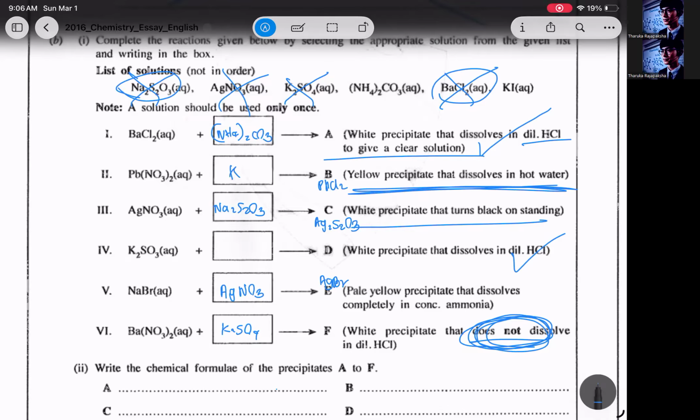This is KI. It's going to form PbI2, yellow color. PbCl2 is white color, so that's different. So it's going to form PbI2. And here only it comes as barium chloride. Then barium chloride reacts with this and forms barium sulfite.